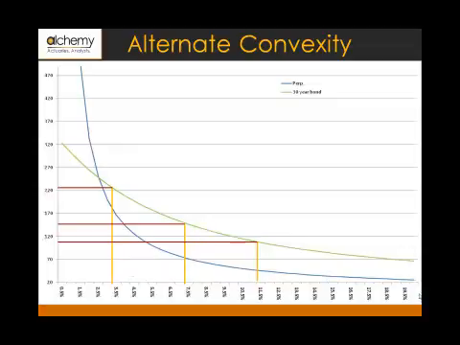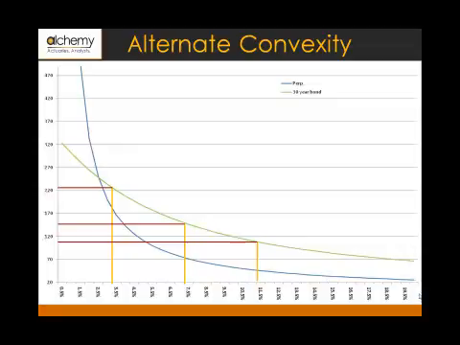The question that we're trying to ask ourselves is: if rates go from 7.5% to 11.5%, what is the expected decline in prices? And if they go from 7.5% to 3.5%, what's the expected upside in prices? And hopefully, when we see the answer to these questions, we will have an alternate definition of convexity, which is very different from the view of convexity as only or primarily an error term.